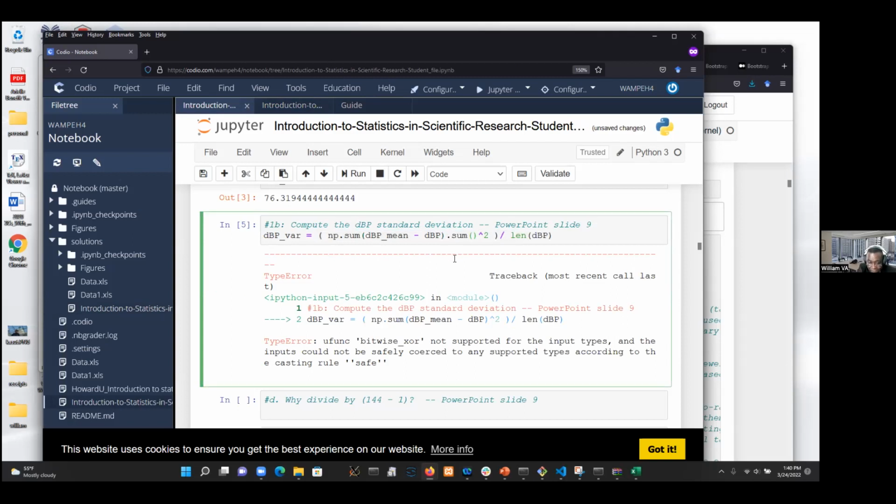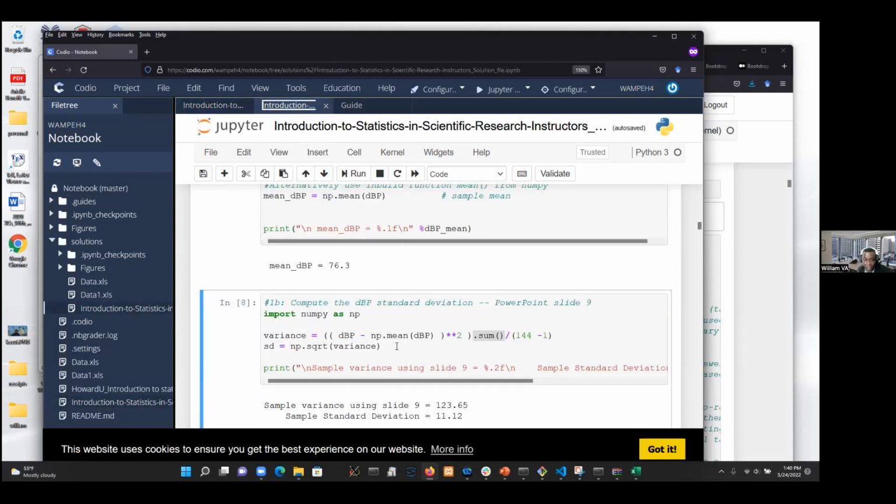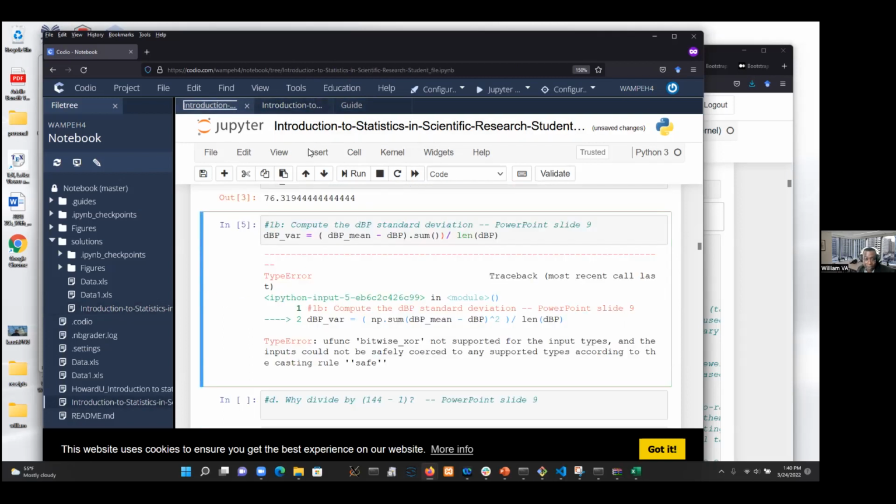Add it here, and take out the sum in front. This is just taking you through the baby steps. Eventually, you will figure it out. So we have this all squared and then dot sum. Go back and do that: this all squared, a square could be a power of 2, then dot sum and divide by the length, and that will get you that.